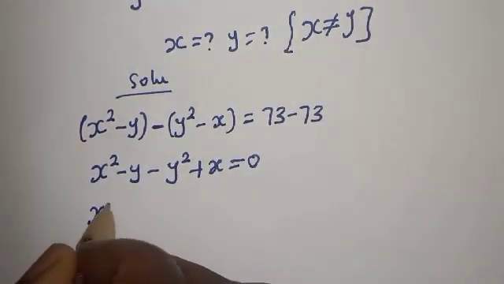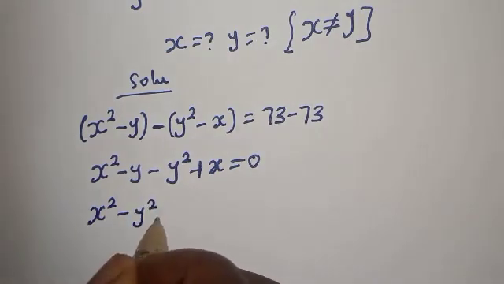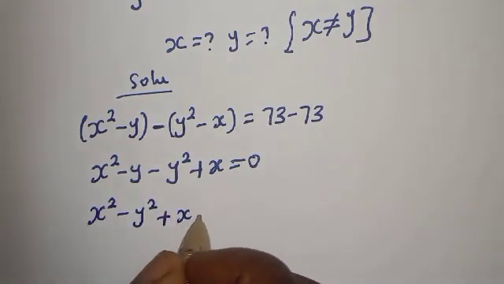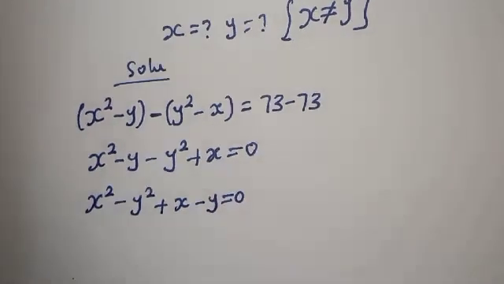This is x squared minus y squared plus x minus y is equal to 0.